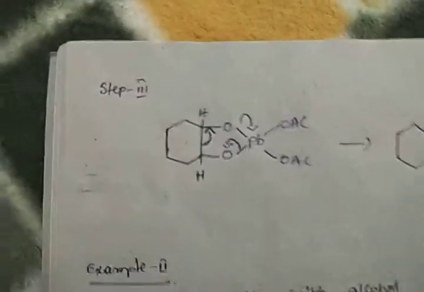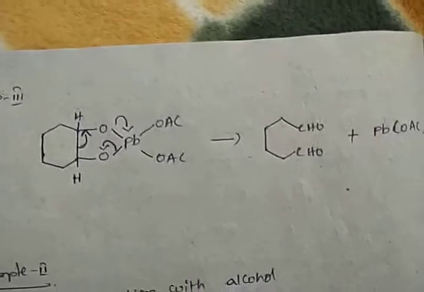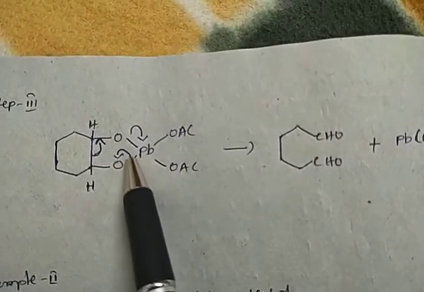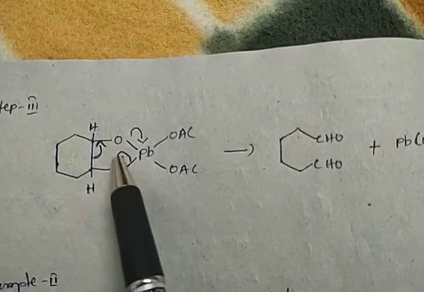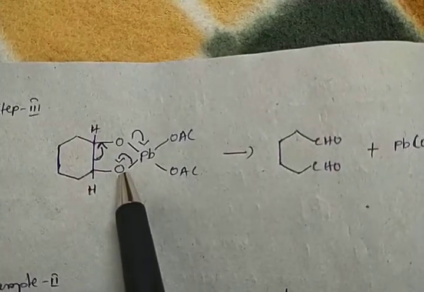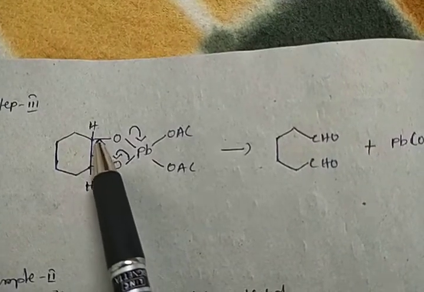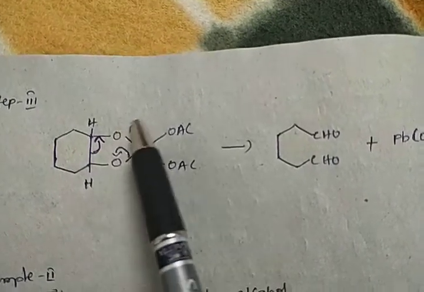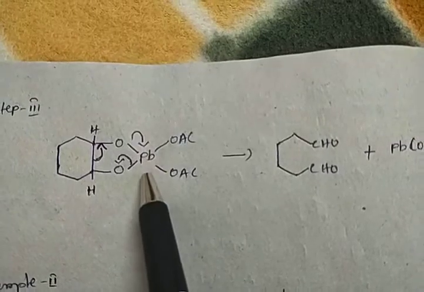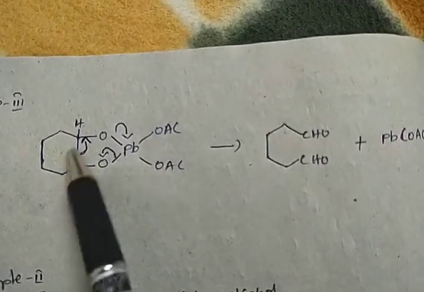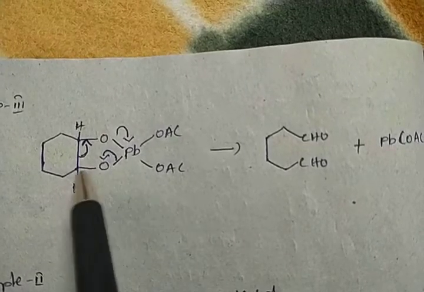Now this is going to the final step. In this intermediate, the oxygen takes a pair of electrons, so it acquires a negative charge, and the internal bond will be cleaved. Since we already have hydrogen atoms, a C double bond will appear.